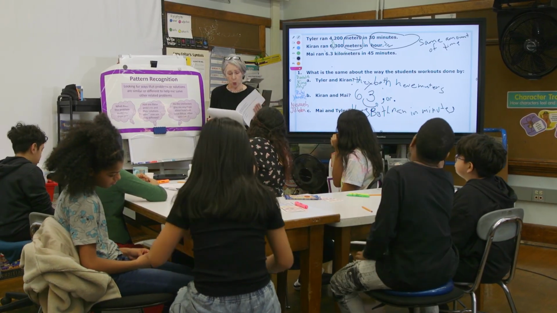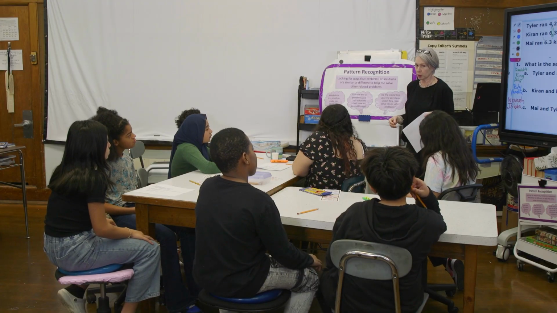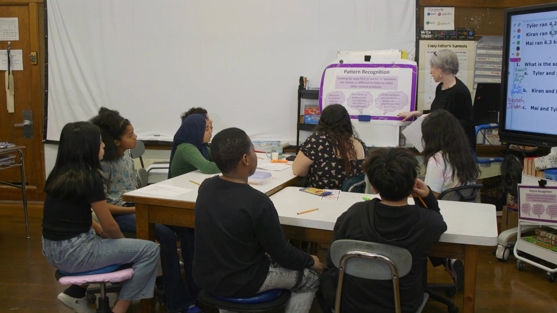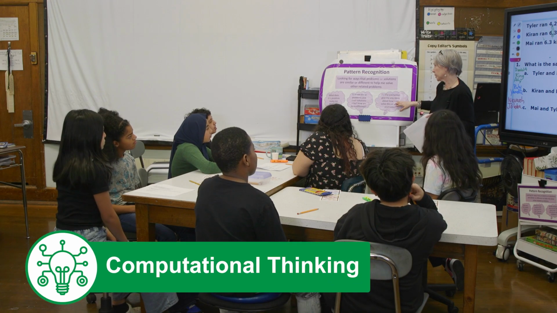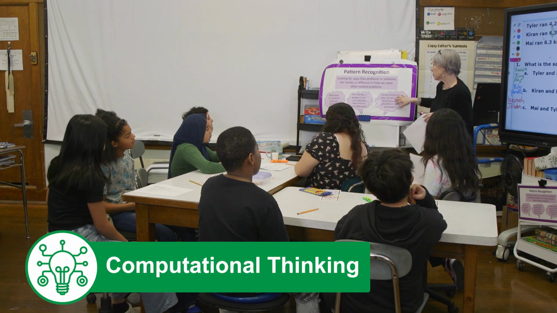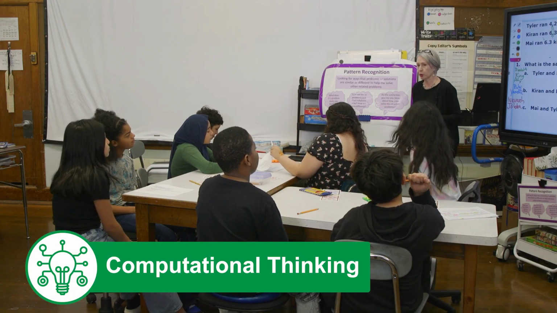So we are going to divide this lesson into 2 days because this is an extremely long lesson. But when we come back, how would you explain to me how we are going to attack this with pattern recognition? What are we going to look for?